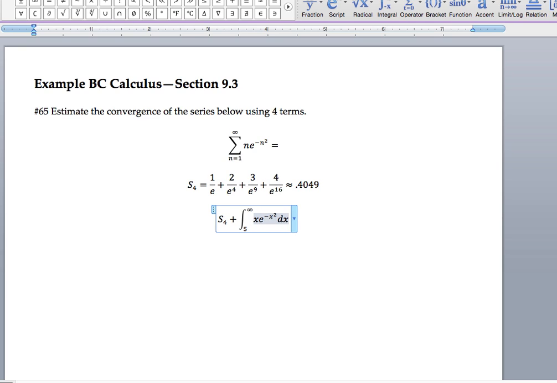That's going to be the lower bound of our approximation. It's going to be less than or equal to the sum that we're trying to estimate. And the upper bound is going to be pretty much exactly the same thing, so I'm just going to copy and paste.